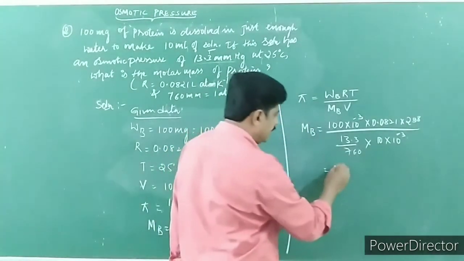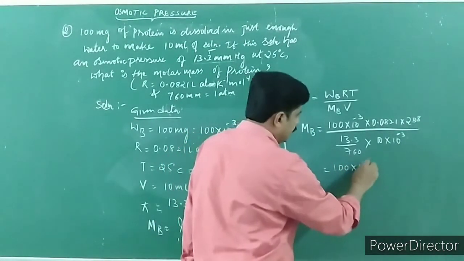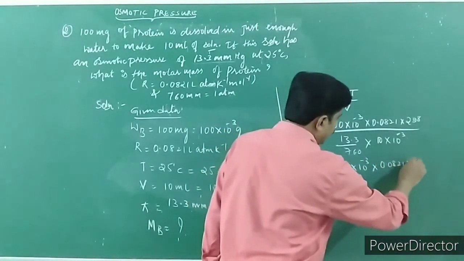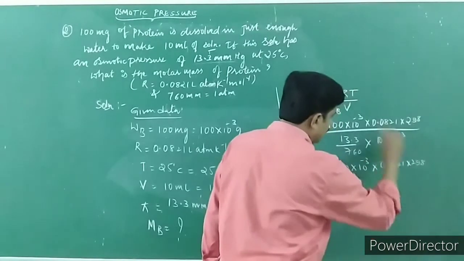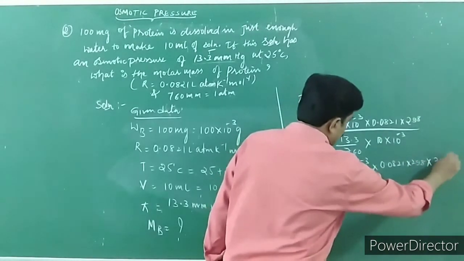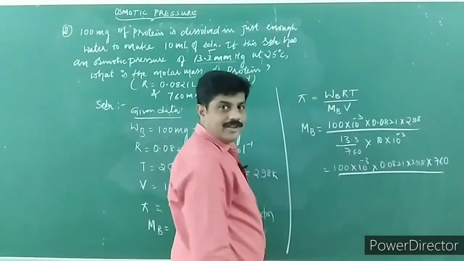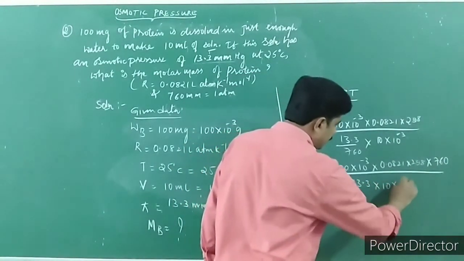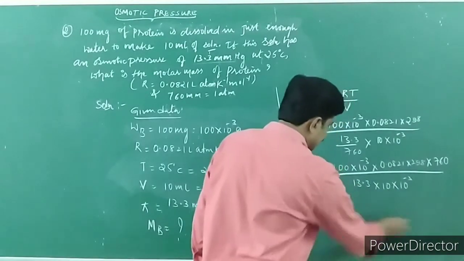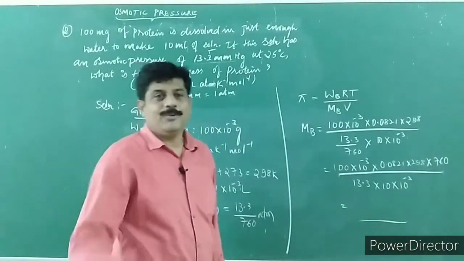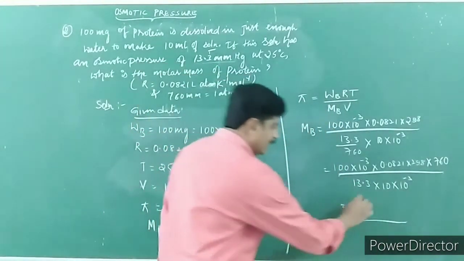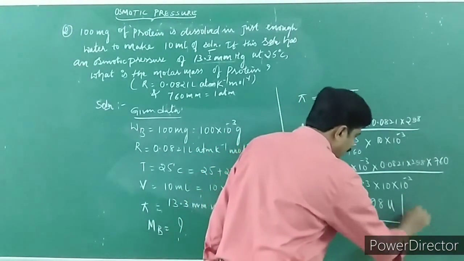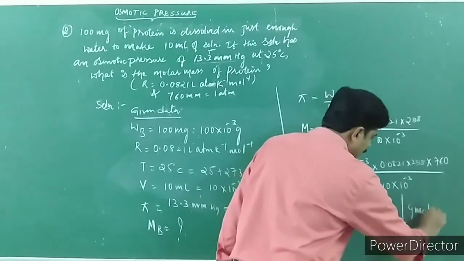Okay, children, I'll simplify this. 100 into 10 to the power minus 3 into 0.0821 into 298, and 760 goes to the numerator, upon 13.3 into 10 to the power of minus 3. Children, you need to simplify that. When you simplify that, you are going to get, look here, 1398 unified mass or gram per mole.